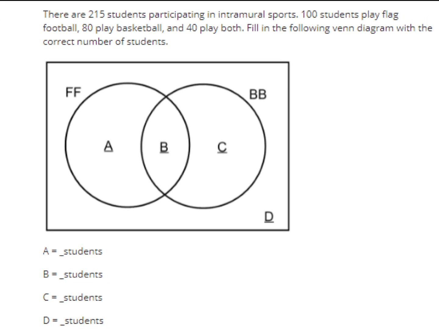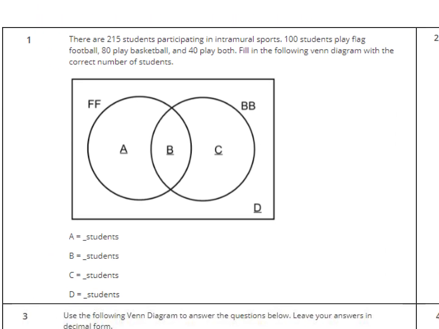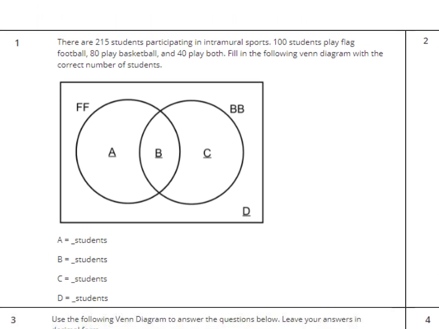Question number 1 is just asking how many students there are. Notice, it's not probability yet. Okay, A, students. Well, wait a minute. I guess I got to figure out what A is. So this is flag football. It says so here. And this is basketball. It says so here. And it's really common for people to go, oh, the 100, that goes right here.